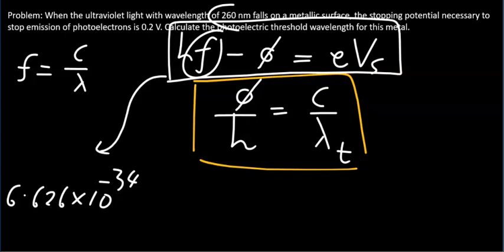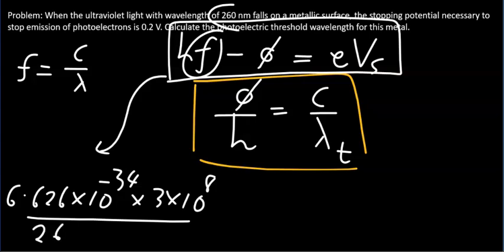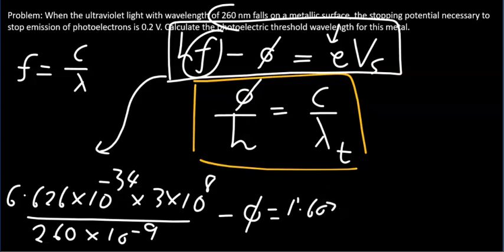So that means speed of light, 3 times 10 to the power 8, divided by wavelength, which is 260 nanometers, turn that into meters, times 10 to the power minus 9, minus the work function, which we want to determine, equals e, the electronic charge, 1.602 times 10 to the power minus 19 coulomb, times the stopping potential, which is 0.2 volts.